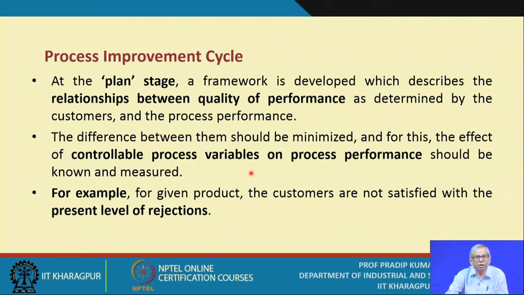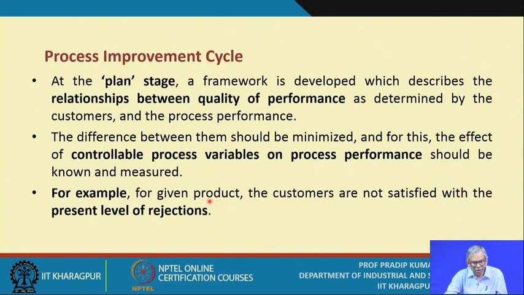That means you need to identify what are the controllable process variables, and given the quality of performance or a set of performance measures you have identified, to what extent these controllable process parameters are affecting in a positive way the process performance levels as well as the quality of performance for the product.